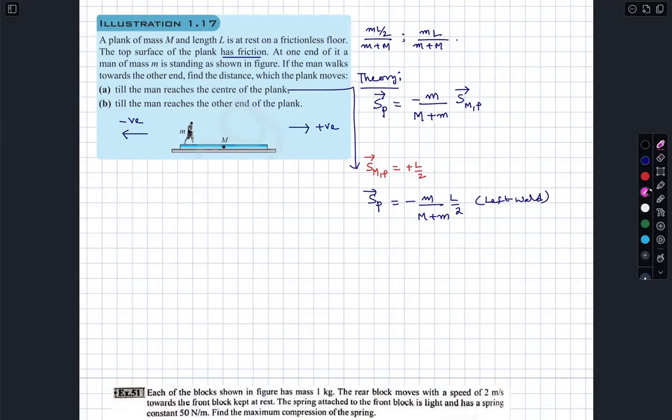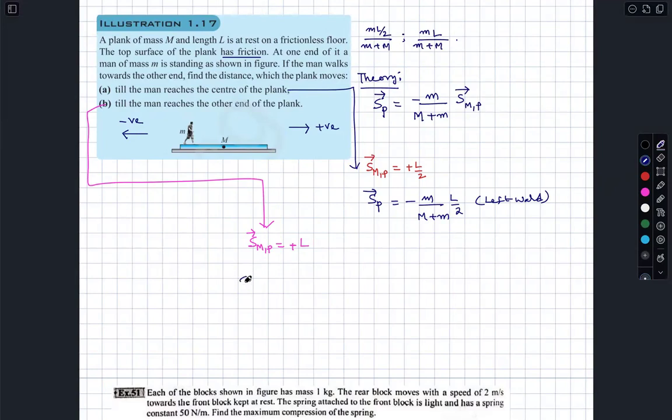Now we will move on to the next case. Till the man reaches the other end of the plank. In this case, displacement of the man with respect to plank is plus L. Yes or no? Any doubt?